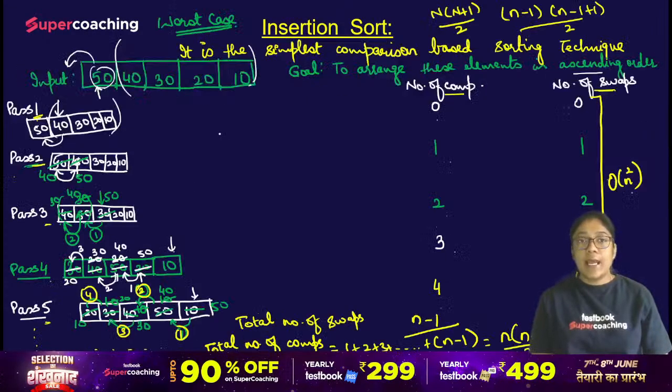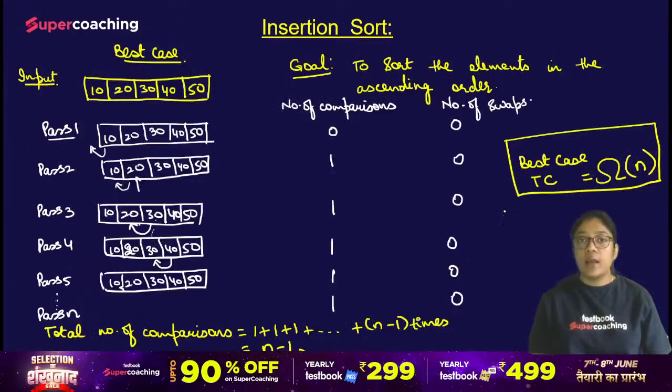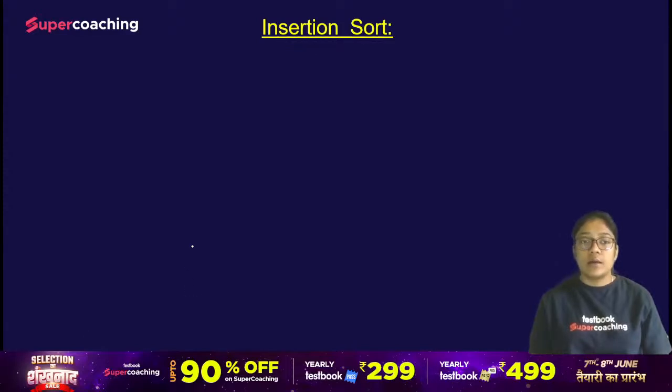So on the first slide, I took the worst case scenario. We are just doing the comparisons and finding the number of swaps required. And in the insertion sort best case, again, we took one example. We calculated the number of comparisons and the number of swaps. So I hope that this is clear to everyone. The complexities are clear, right?